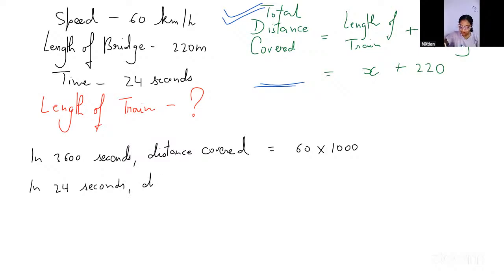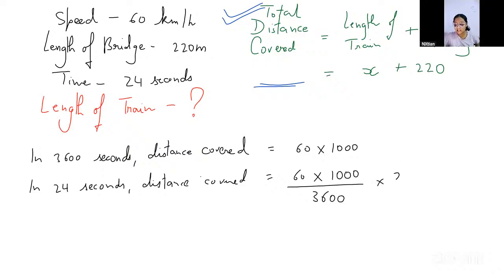So now in 24 seconds, distance covered will be the same thing that we did in the previous question. That time we multiplied, okay? Here also we multiply with 24. So 60 into 1000 divided by 3600 seconds into 24.